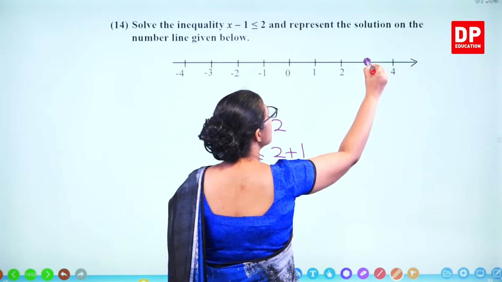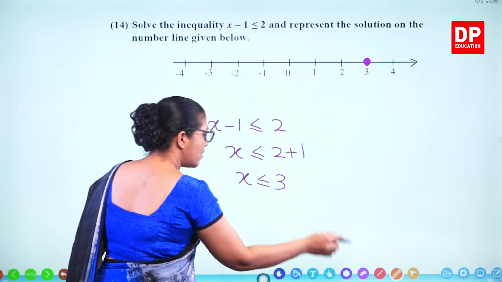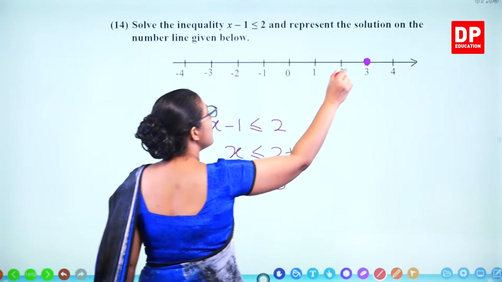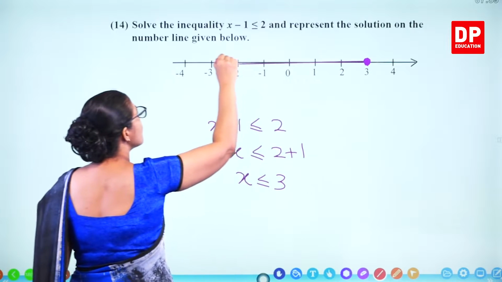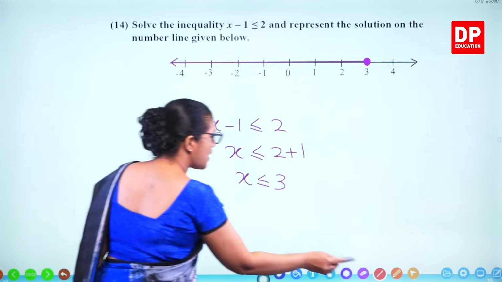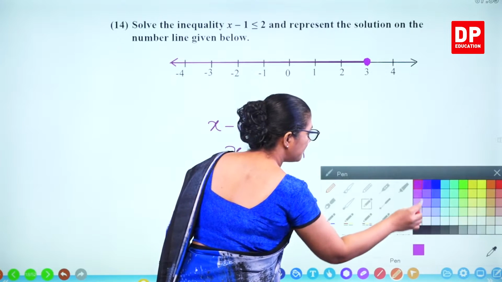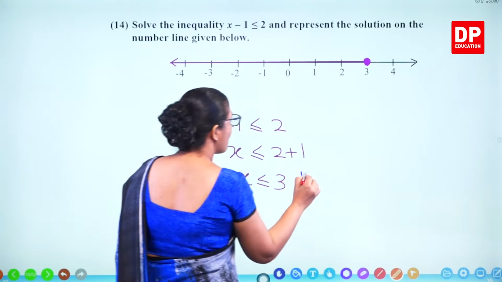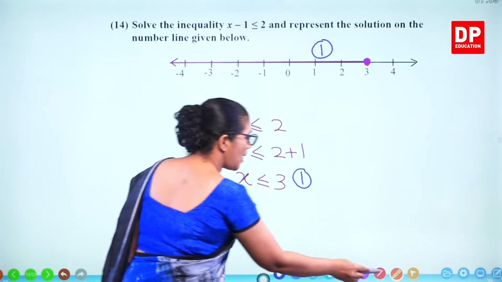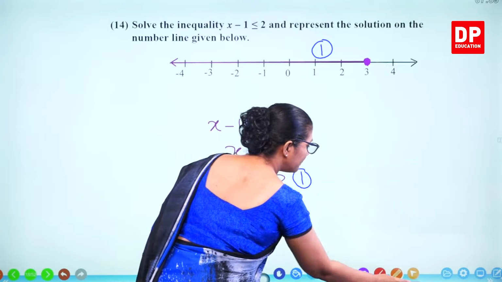So we draw a solid circle above 3 and then draw. This is less means left hand side. So we draw the arrow towards this side. So that's less than side. So you get 1 mark for this step and 1 mark to draw the number line.